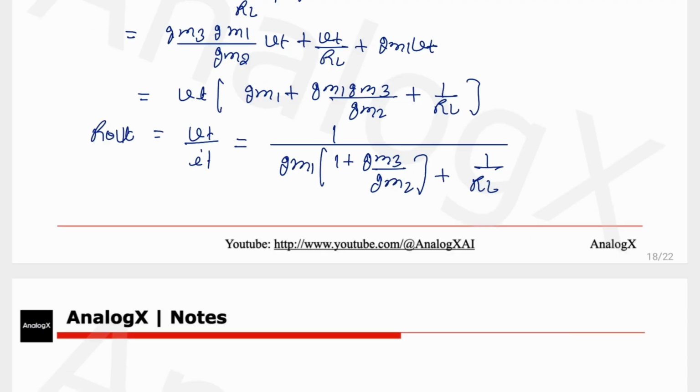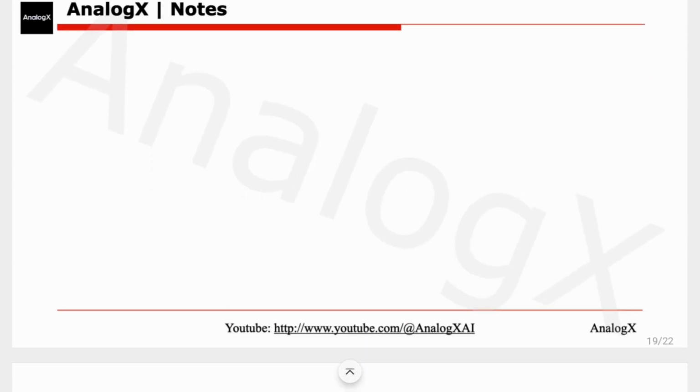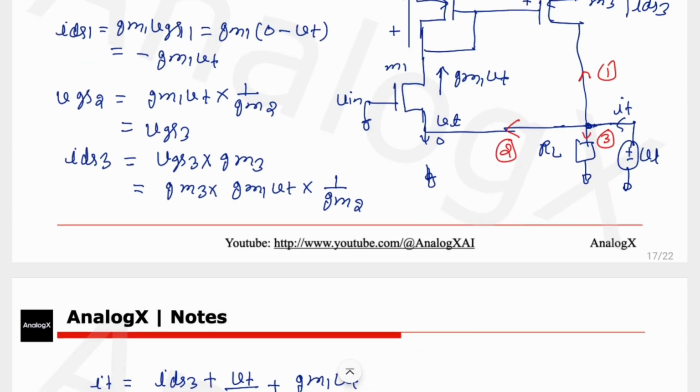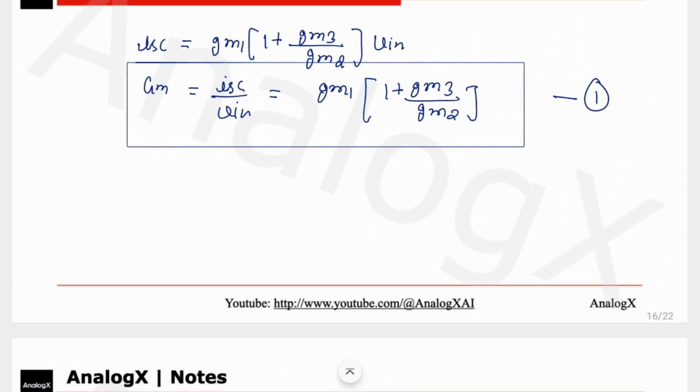Okay. Now what will be the gain? Finally the gain will be Av equal to Gm into Rout. So Gm is gm1 times 1 plus gm3 by gm2.